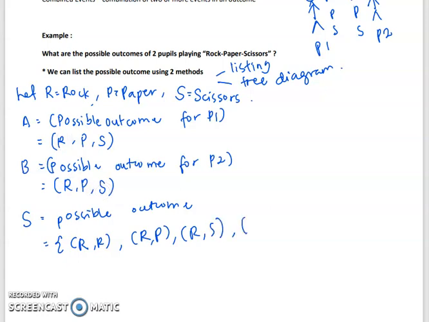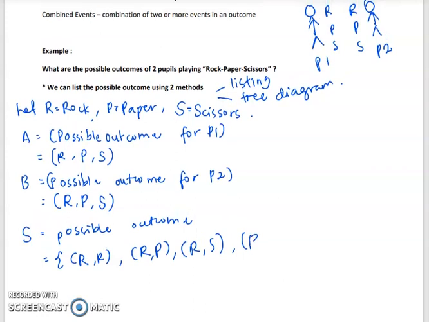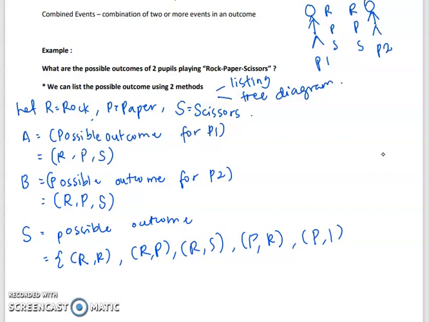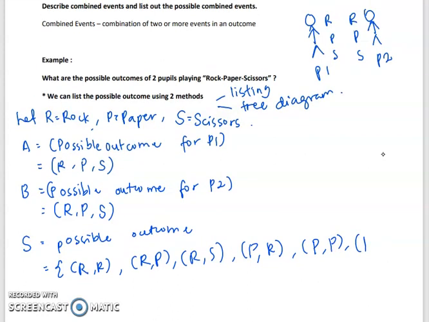Pupil 1 could show paper, pupil 2 could show rock. So we just list out all the possibilities. Pupil 1 could show paper, pupil 2 could also show paper. Pupil 1, paper, pupil 2, scissors.